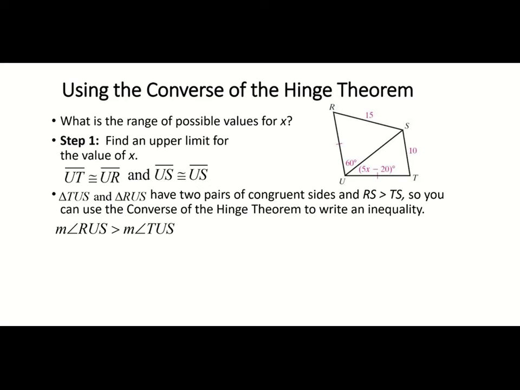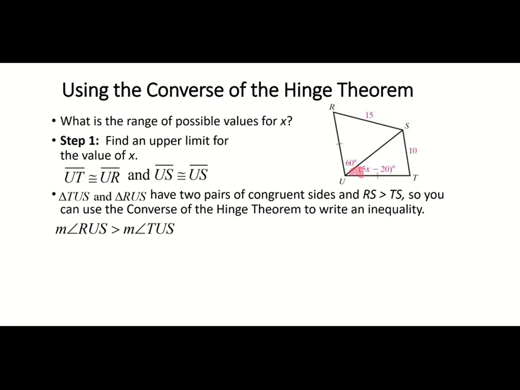Okay, the last thing we're going to do is find the possible range of values for x. In this case, x is going to be in our measure of angle SUT. So we need to find an upper limit and a lower limit.